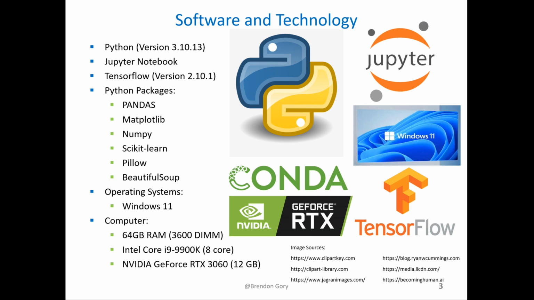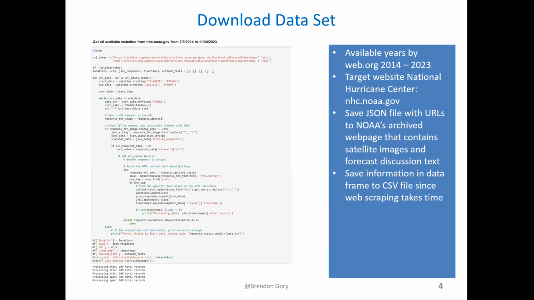This project runs on Windows 11, but it's not dependent on an operating system, and we are using a GPU for this. To download the data, we are using web.org. This is a website that archives other websites and captures their information.